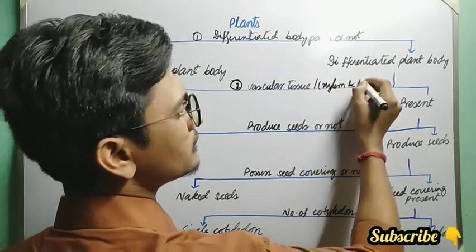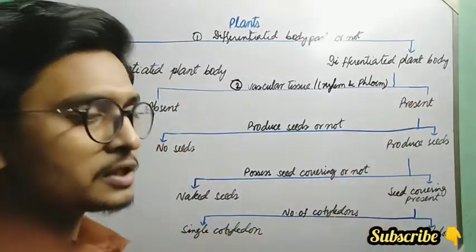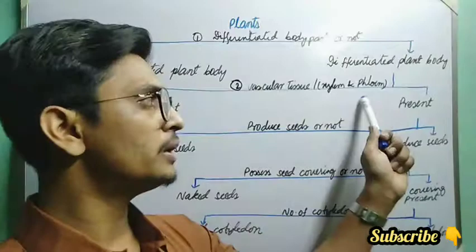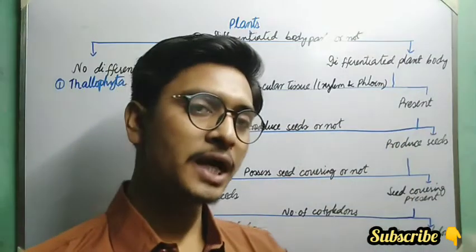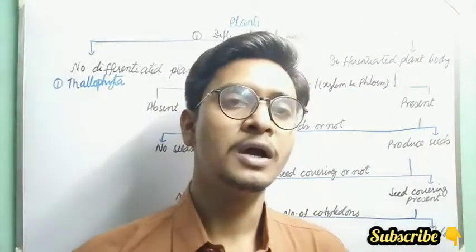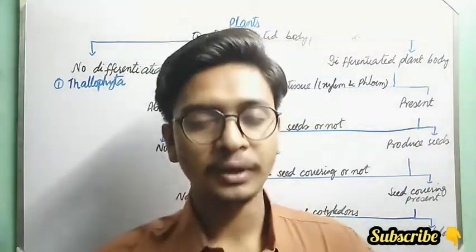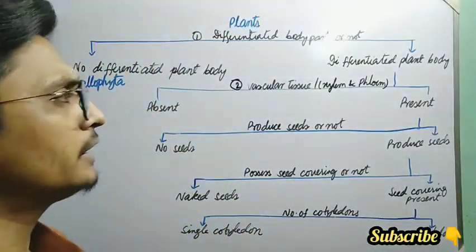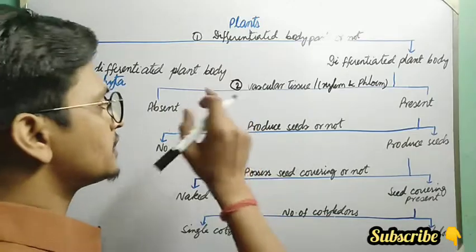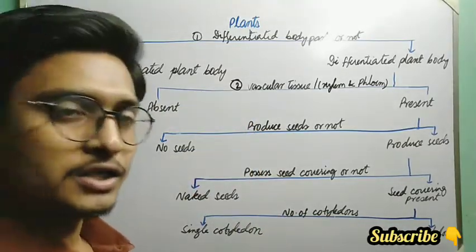Xylem is for the transportation of water and minerals from the soil to the plant parts, that is the leaf, and phloem is the specialized tissue responsible for transportation of photosynthesized food products from the leaves to different parts of the plant body. So depending on whether xylem and phloem are present or absent in a plant, we classify it again.